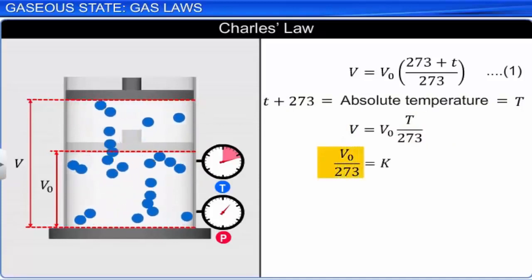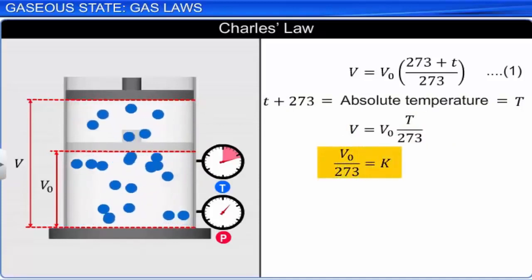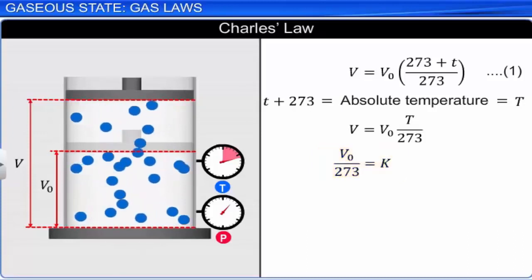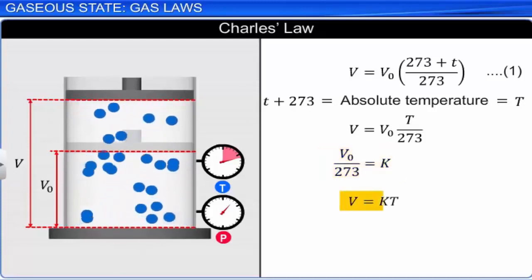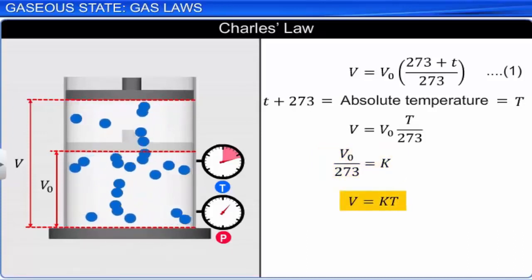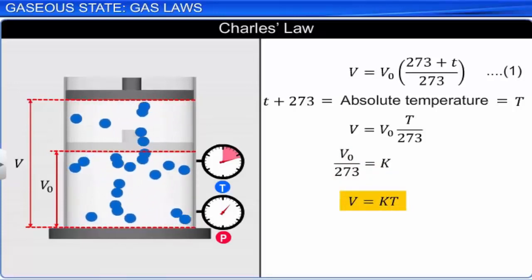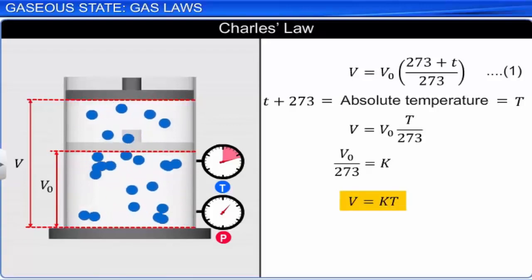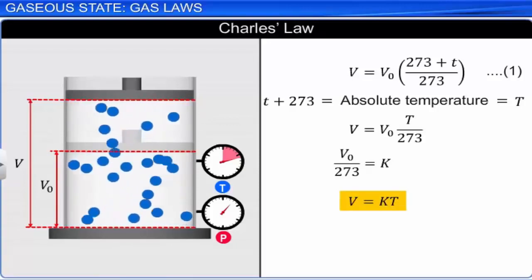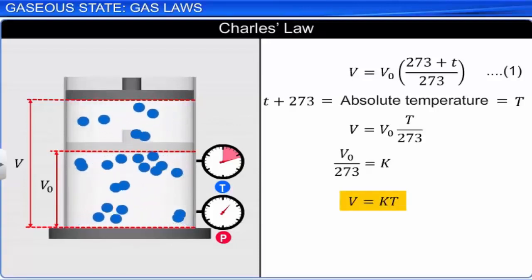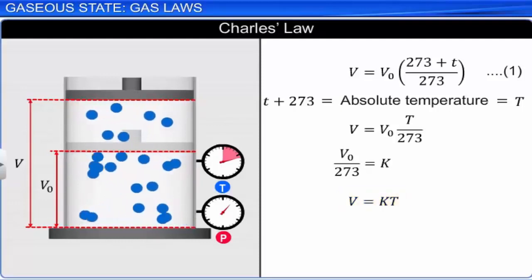Therefore, V is equal to KT, where K is a constant. Remember, temperature T is in Kelvin scale. This is a mathematical expression for Charles' law, which states that the volume of a fixed mass of a gas is directly proportional to its absolute temperature if the pressure is kept constant.